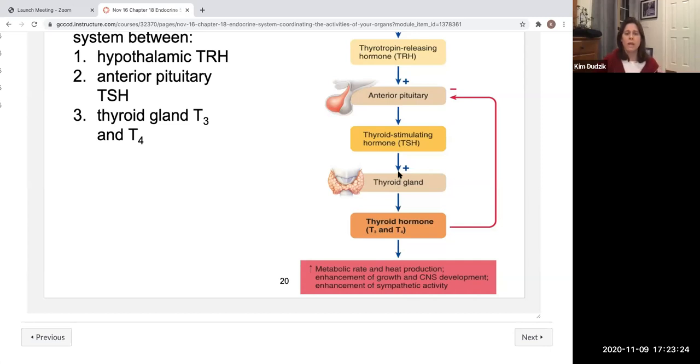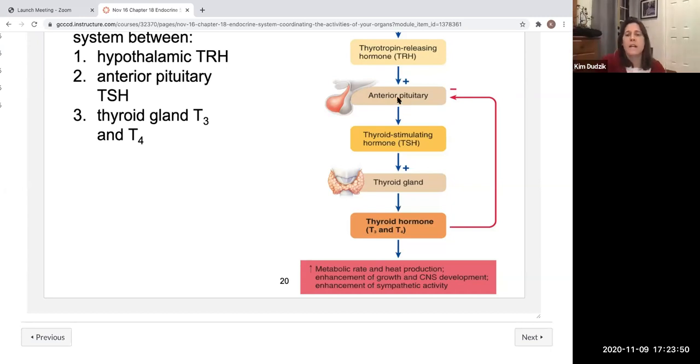So the one way that we control this is, we don't really sense if metabolic rate has gone up enough or heat production. What we sense is the amount of hormone in our bloodstream. So as thyroid hormones start coursing around our bloodstream, it can actually signal the anterior pituitary gland. It senses the level of T3, T4.